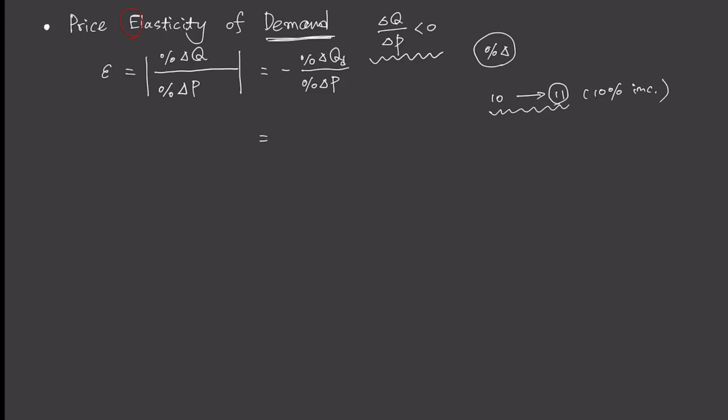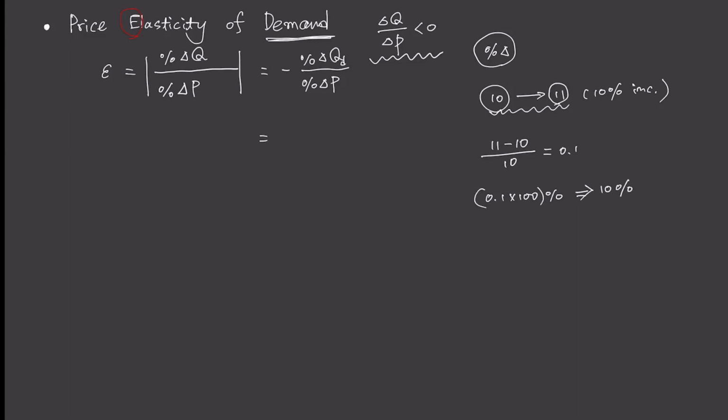The new value 11 minus the original value 10, divided by the original value 10. That is nothing but 0.1, and in percentage notation we multiply by 100. So it is 10%.